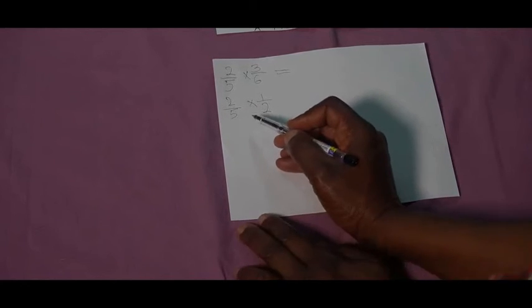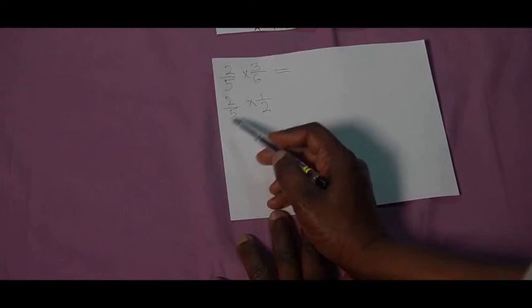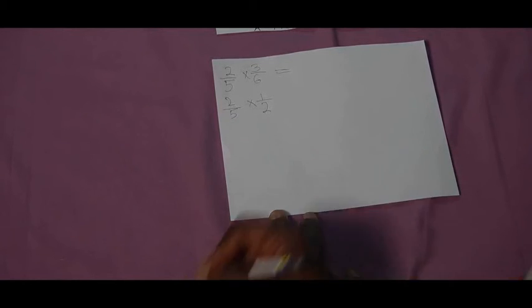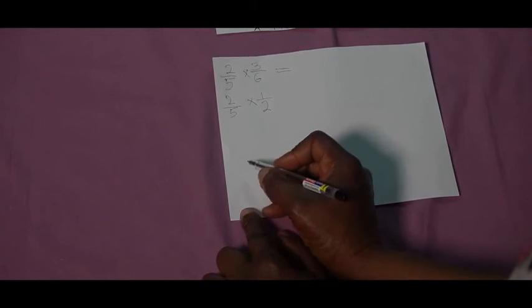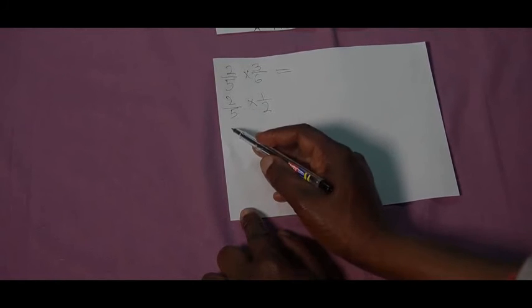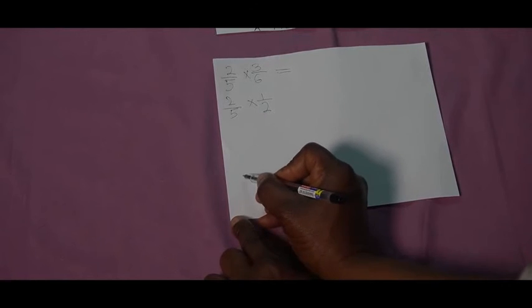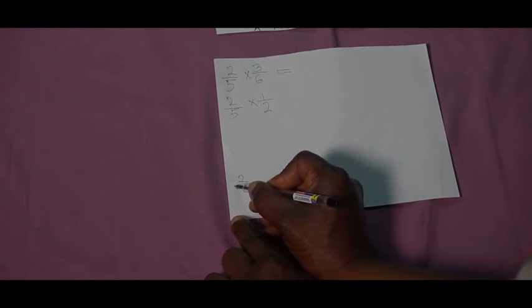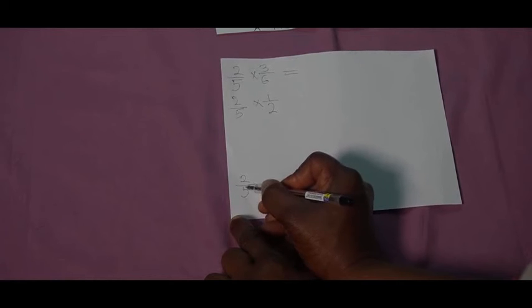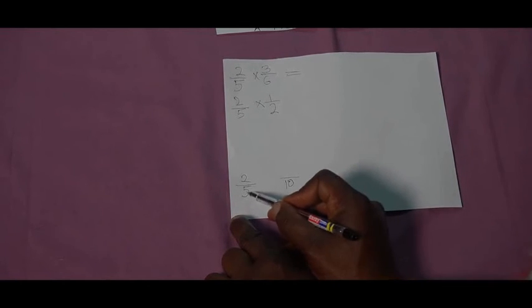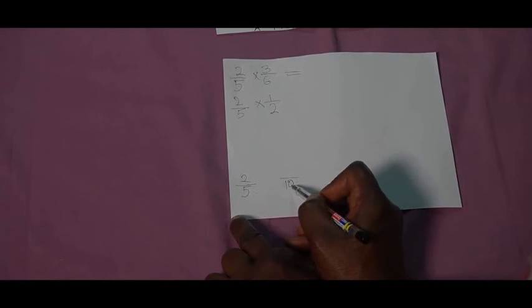So now our multiplier is telling me that I will need to break these fifths into two pieces. If I do that, I'm going to have tenths. So I have 2/5 here. What should I do to my 5 to make it 10?